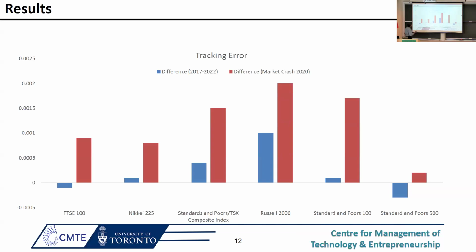For the FTSE, Nikkei, Russell, and S&P, we get better tracking. We have a lower tracking error than he had when we use distance correlation, especially in times of market crashes. This helps us know that distance correlation is a better method for constructing your market graph.